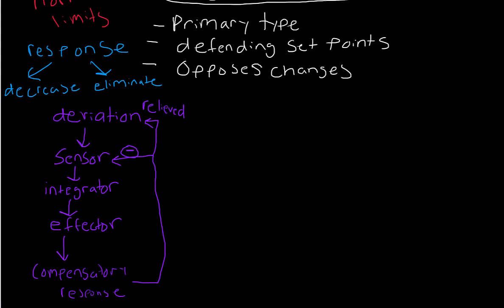Let's look at another example that can highlight this in better depth. When there's a fall in room temperature, well, that becomes undesirable because the room gets too cold. So when the room gets too cold, it becomes detected by a thermometer.